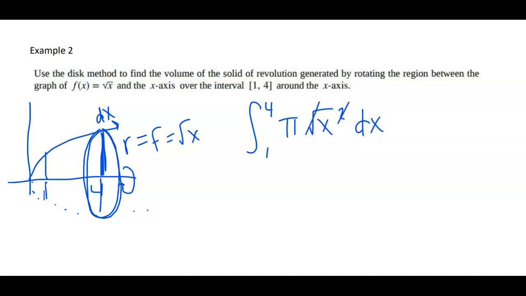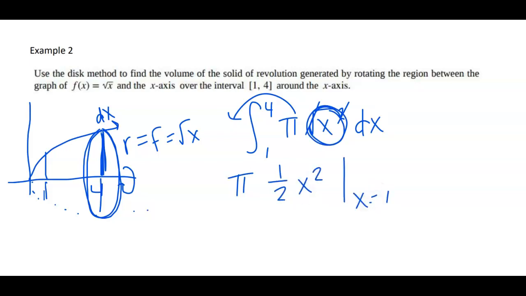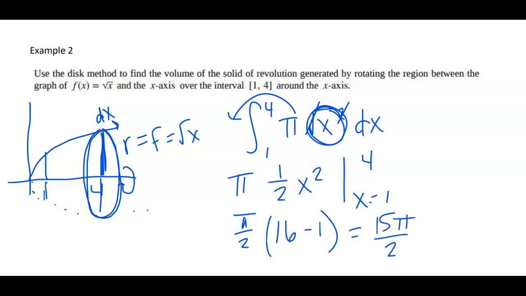The square root and the square do end up canceling, and I'm going to bring my pi outside. So I have pi times the integral of just x, which is 1/2 x squared, from x equals 1 to 4. I'm going to pull the pi over 2 here. 4 squared is 16 minus 1 squared is 1, so I get 15 pi over 2.